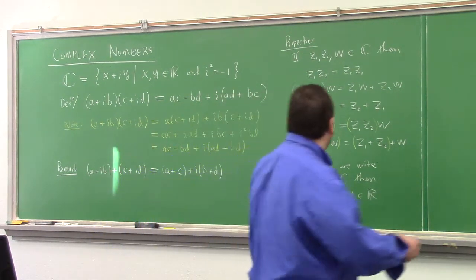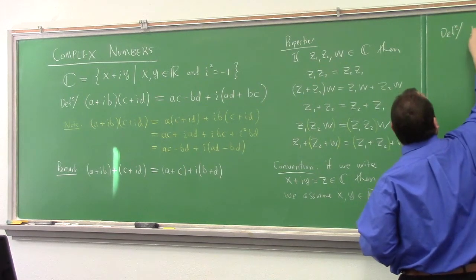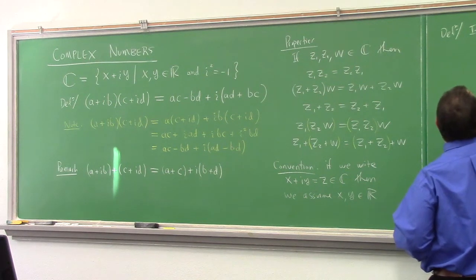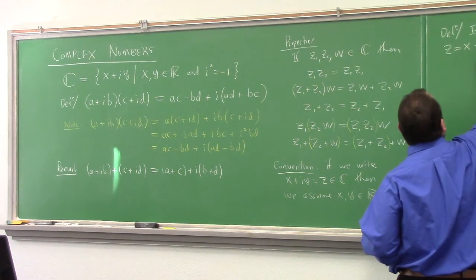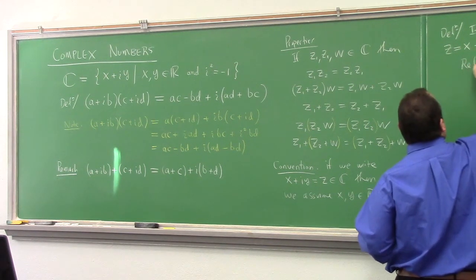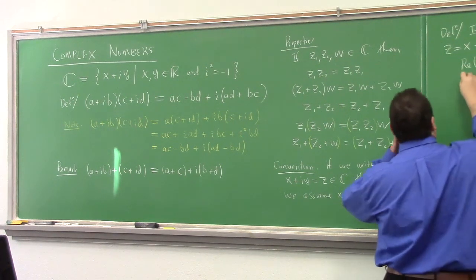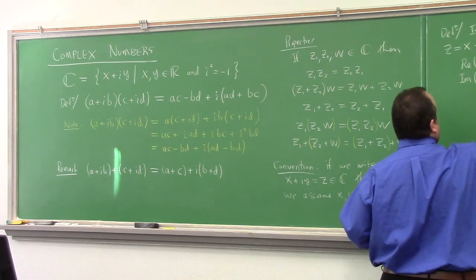So, definition: if z in the complex numbers has z equals x plus iy, then the real part of z is x, and the imaginary part of z is equal to y.